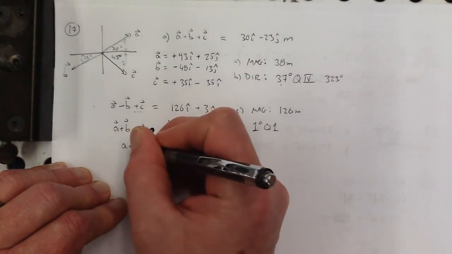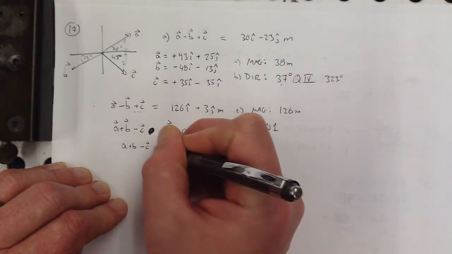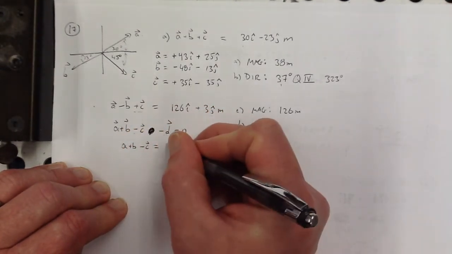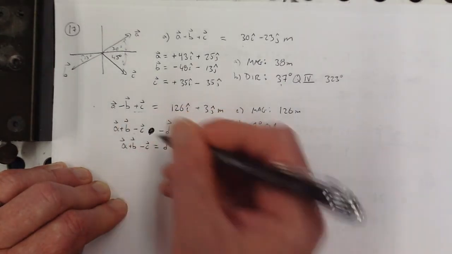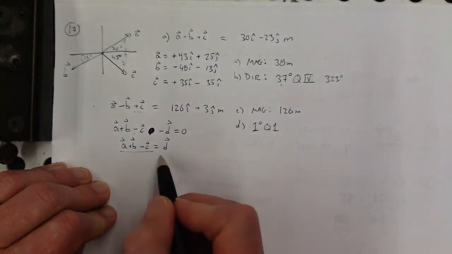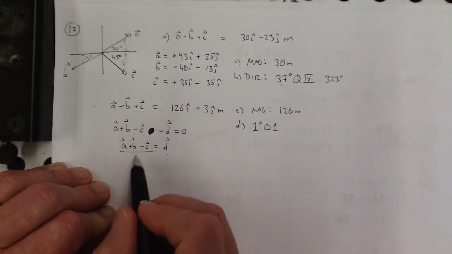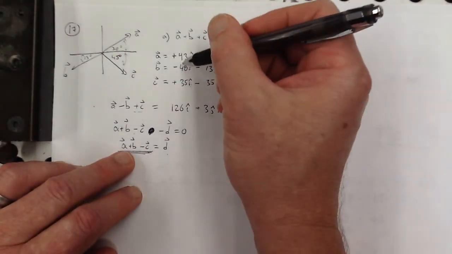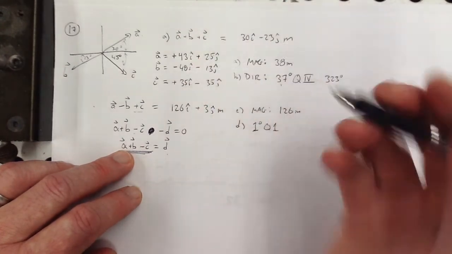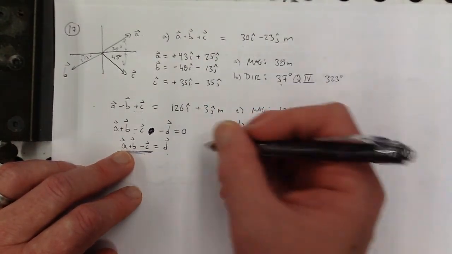So a plus b minus c, if I add this to the other side, the vector that I'm looking for, d, is just this, right? It's equal to a plus b. If you want that to be true, that equation that they gave, this is what you need to do. Okay, so a plus this one minus this one. So can we manage that?